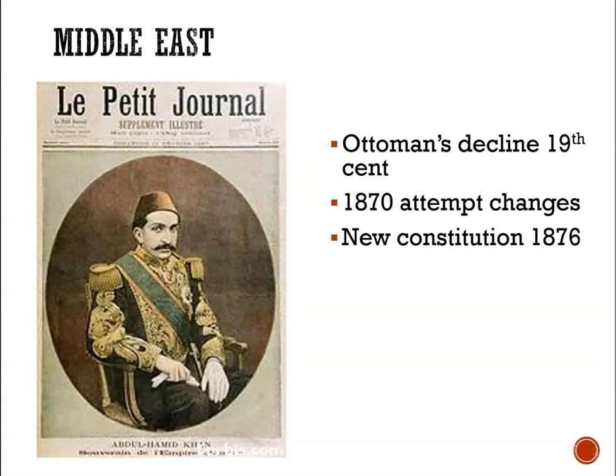But then, of course, they had a lot of territory, what is modern-day Turkey, but all the way down into Iraq, Iran, Egypt, across North Africa.